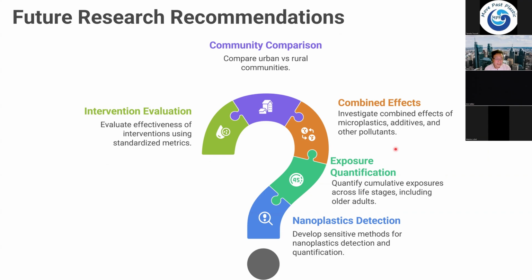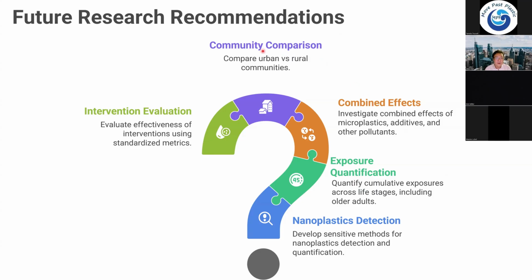Another important thing is that, even though we have focused on the microplastic itself, teasing out the combined effects is very important, because plastic materials not only contain microplastics but also other additives and derivatives such as plasticizers, PFAS, phthalates, or heavy metals. Those are also highly toxic components to human health, and I think not many studies have been done so far.